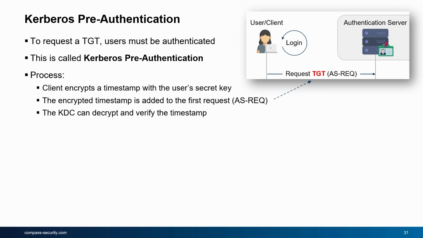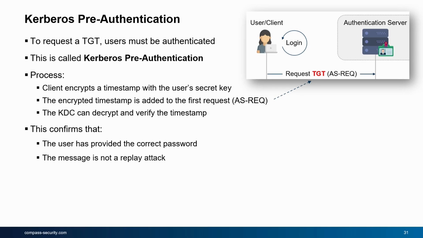This encrypted timestamp is then simply added to the first request, so the AS-REQ that we've talked about previously. And when the KDC receives this request, it can extract the encrypted timestamp, try to decrypt it, and verify if it's a fresh message. If that works, the KDC knows that the user, first of all, has the correct password associated with that user account, and that this is not a replay attack.